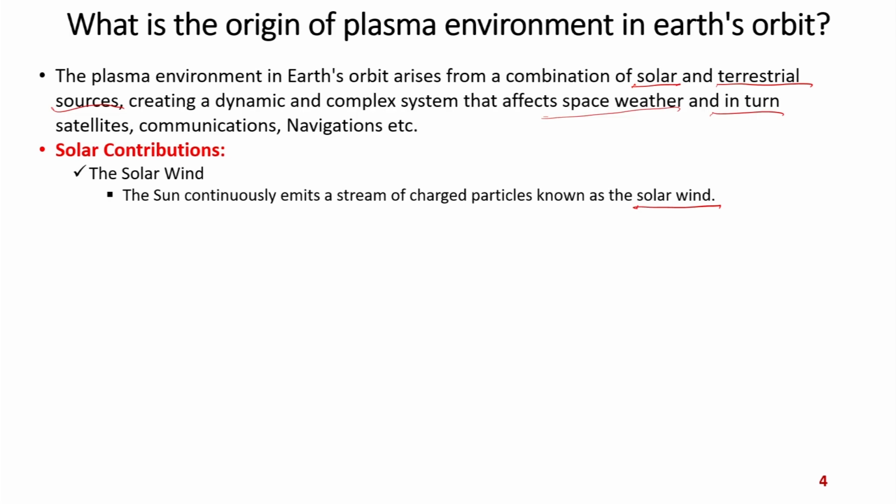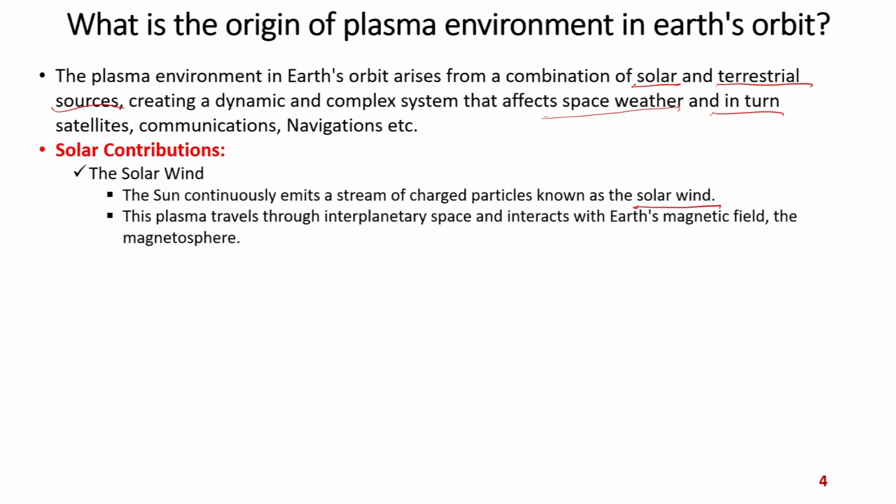Very energetic particles come, and that also we discussed, as a result of which the magnetic storm happens. A geomagnetic storm involves our Earth's magnetosphere, and this plasma travels through interplanetary space and interacts with Earth's magnetic field and the magnetosphere.